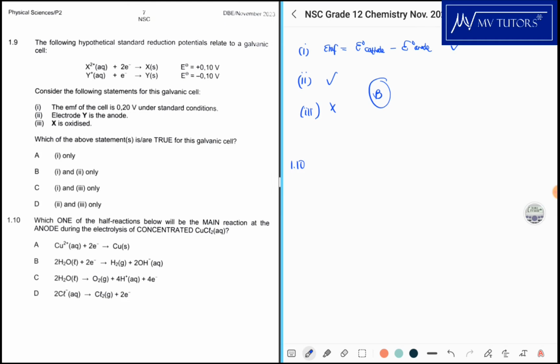Okay, the main reaction, main in caps, at the anode. Ooh, okay, let's make notes. So there are 2 reactions. Remember this is concentrated, so there's water present. I'm looking at the options here. Let's just do it this way. We have an electrolytic cell. This is your anode, this is your cathode. The solution is in there. So in the solution, there's water.